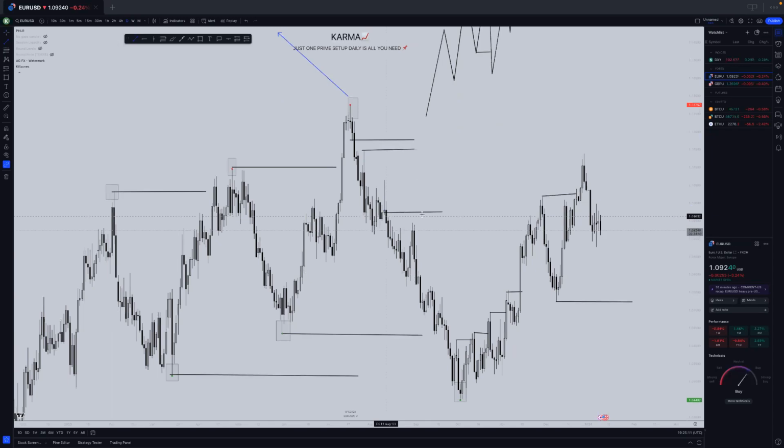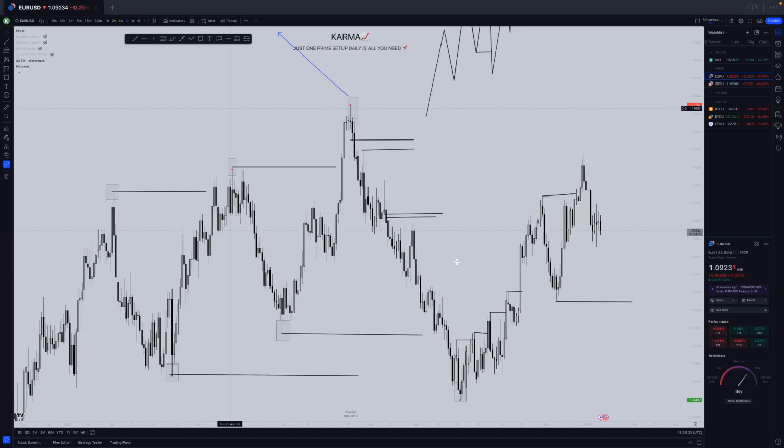A decisive candle. A wick to wick. Right? So we have it there. We have it here too.